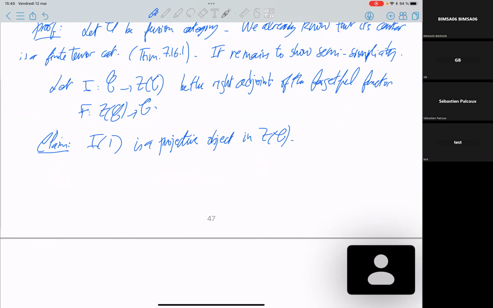So first point. By definition of right adjoint, you have that these two functors are isomorphic. This is a natural adjunction isomorphism.